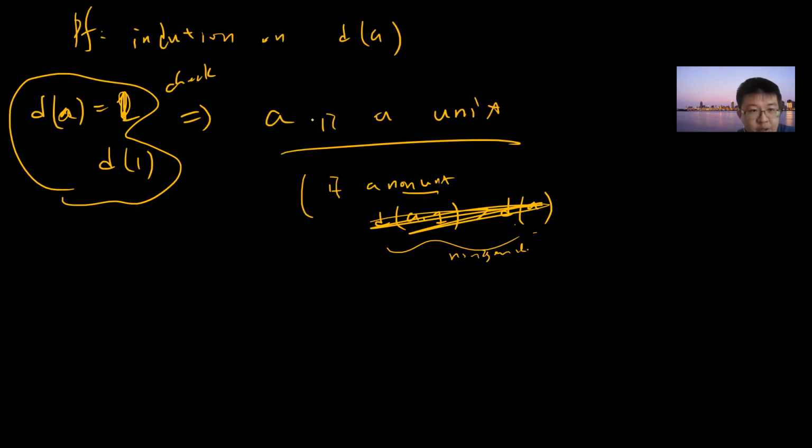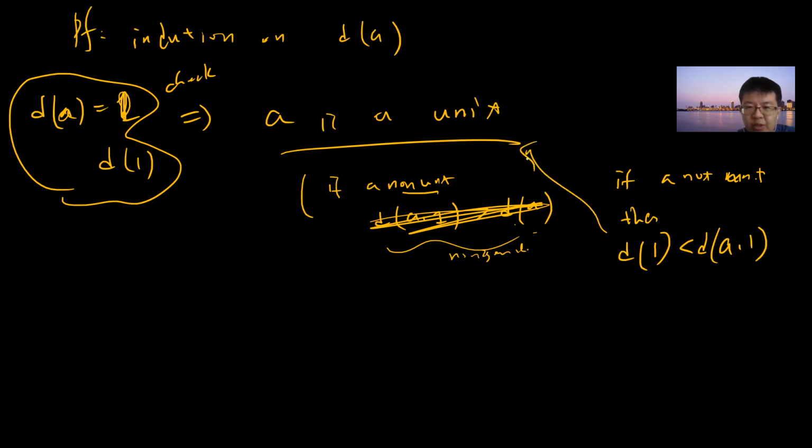The reason is that if A is not a unit, then D of 1 must be less than D of A times 1. But I already said D of A is D of 1. So this tells you that A must be a unit.